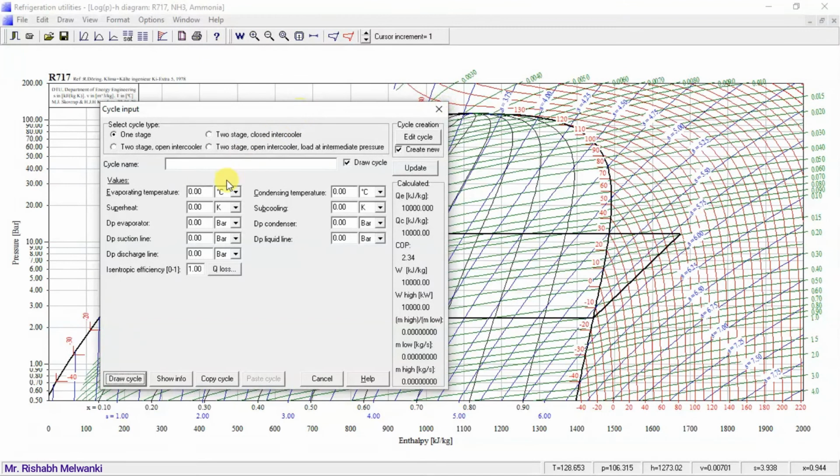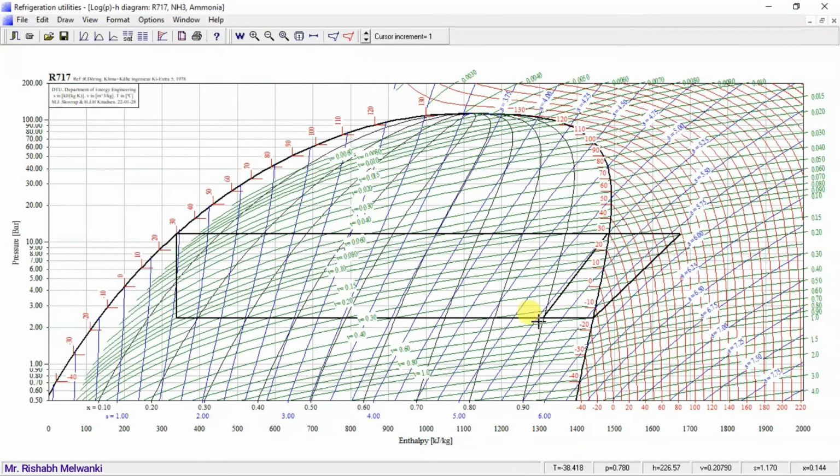Again I'll consider the same evaporating temperature, minus 15, and the condenser temperature 30, and the superheat value I'll reduce so that I get wet compression. Here you observe point 1 is in the wet region and point 2 is approximately on the dry saturated vapor curve. Now I'll compare the two cycles. The first cycle was dry saturated, the second cycle is wet compression.